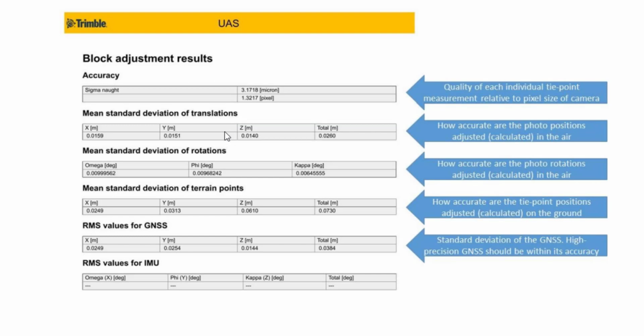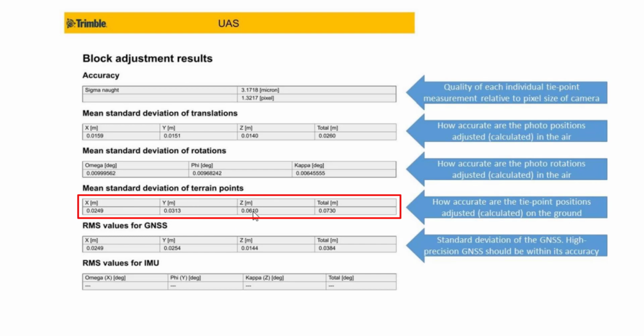We did not measure control points, so we will see how good our terrain points on the ground are. So how accurate are the tie points positioned? Typically with ground control points, this can be more tightened. But we have such good overlap, I think this value should also be fine, purely based on our GNSS.